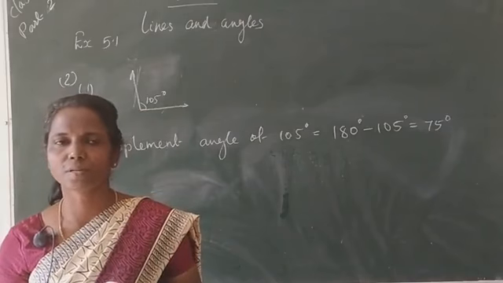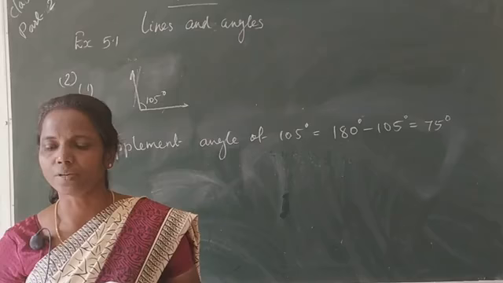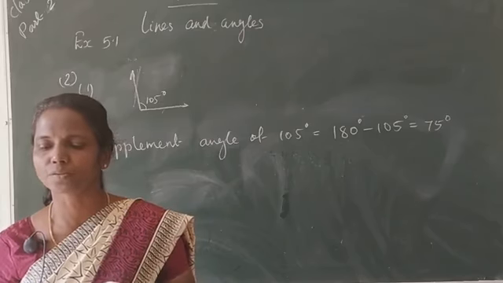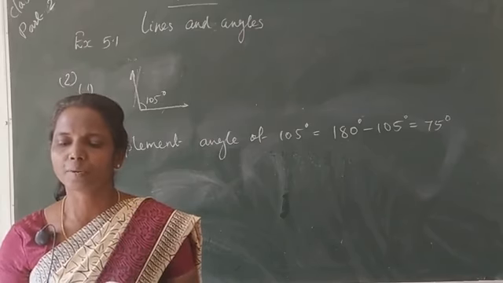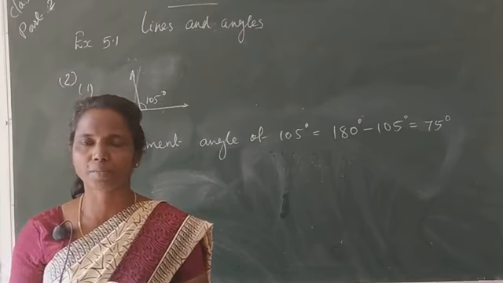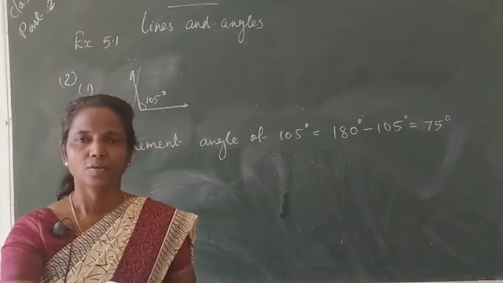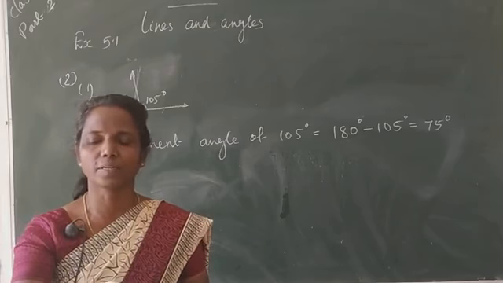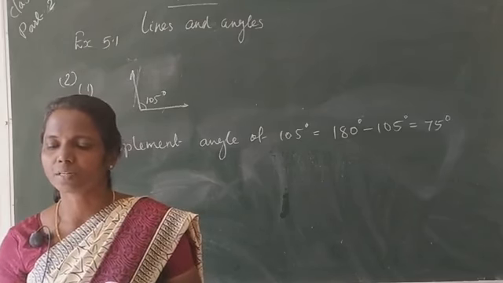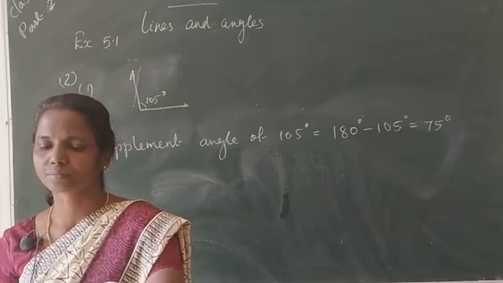Next, question number 3. Identify which of the following pairs of angles are complementary and which are supplementary. Here some measures are given. Find out which are complementary and which are supplementary angles.